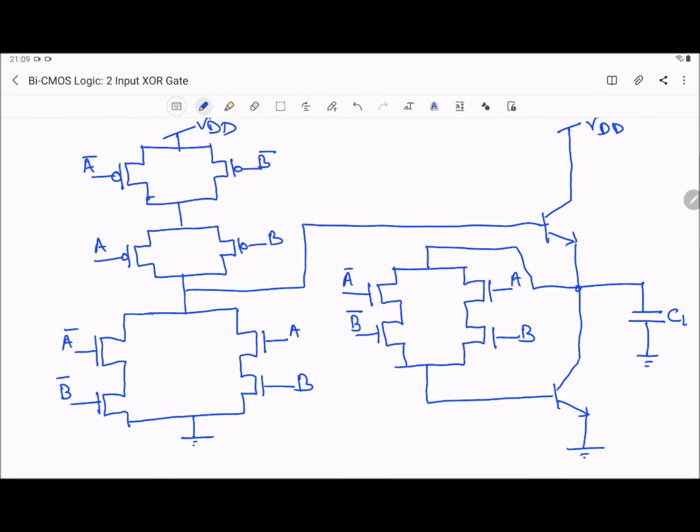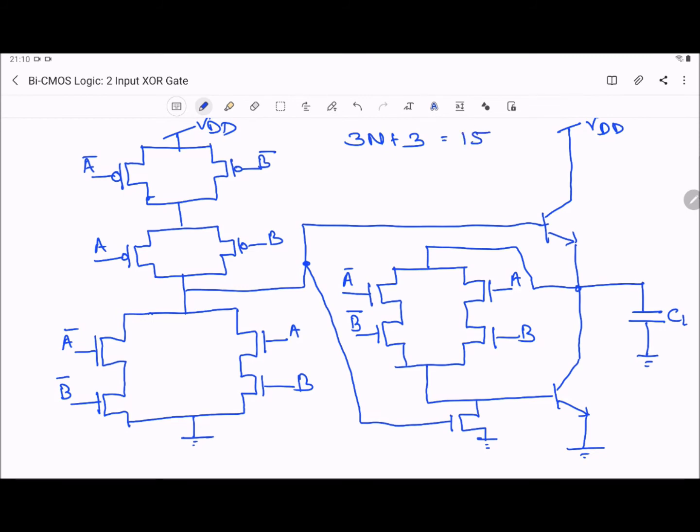To remove the base charge, we require one more MOS transistor. The gate of this MOS transistor is connected to the output node of the CMOS stage. So it requires 3n plus 3 transistors, that is equal to 15.